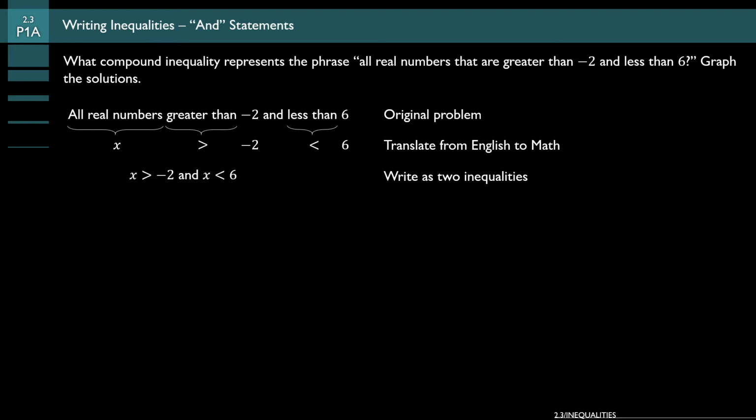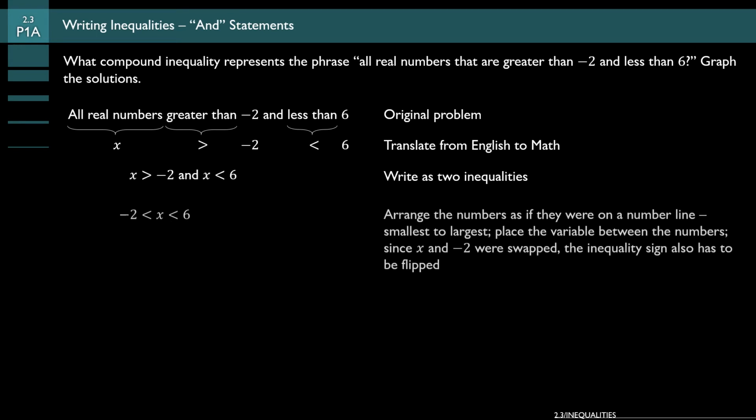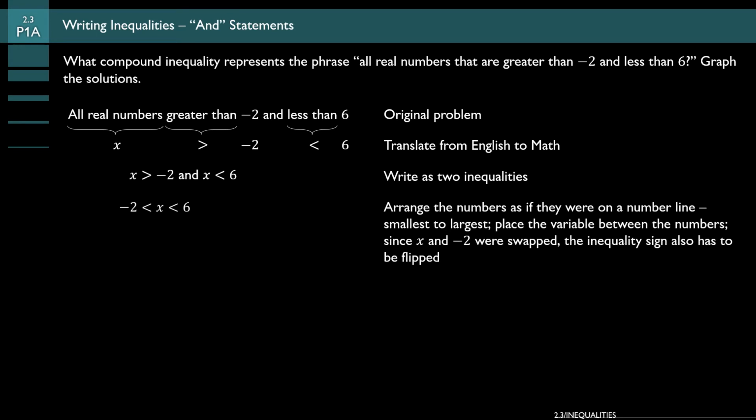Now we can actually write this as a single inequality. So what you notice is that in one of your inequalities, x is greater than negative 2, you've got a greater than sign. In the other inequality, you've got a less than sign with x is less than 6. What we can do is we can flip the x and the negative 2 to get negative 2 is less than x is less than 6.